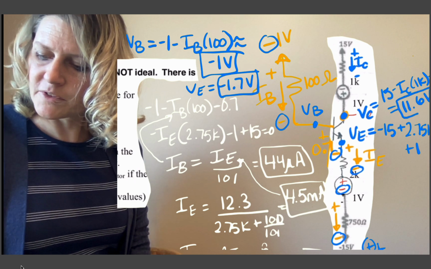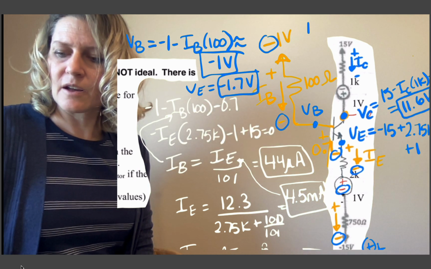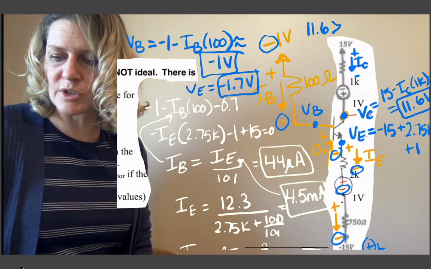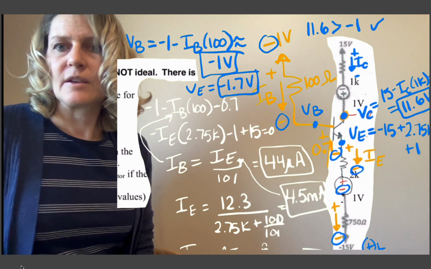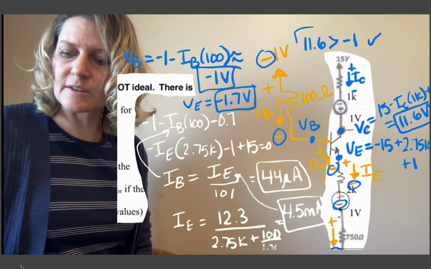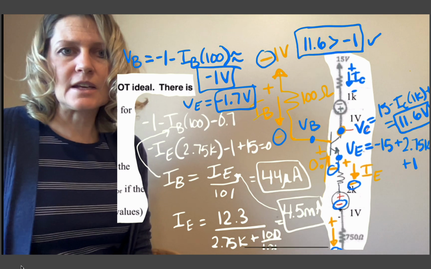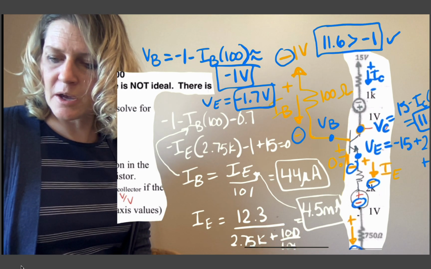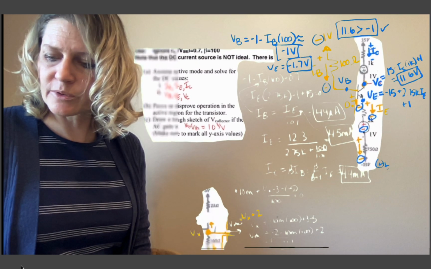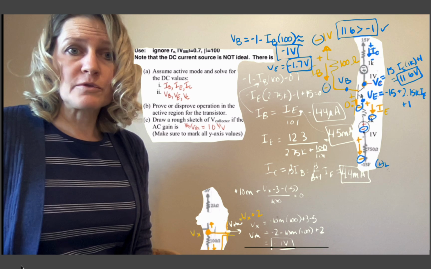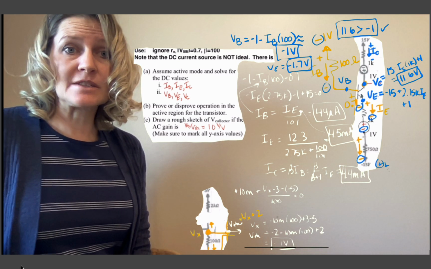So our proof is to say that yes, 11.6 is greater than VB, which was -1. So there's our check to verify and prove that it is on and in the active mode. So that answers all of the DC values, and we proved that the operating region is in the active mode.